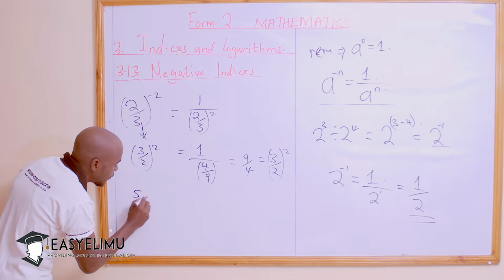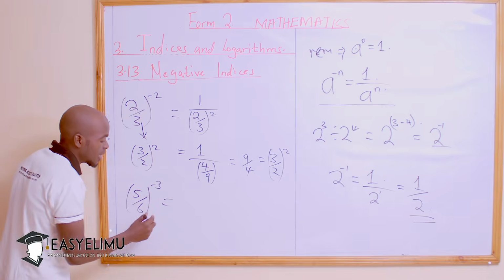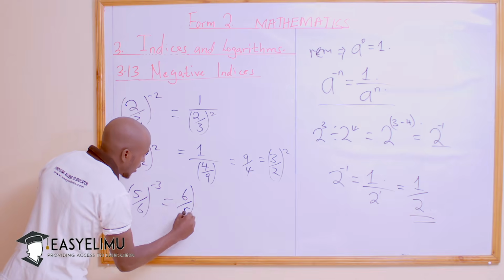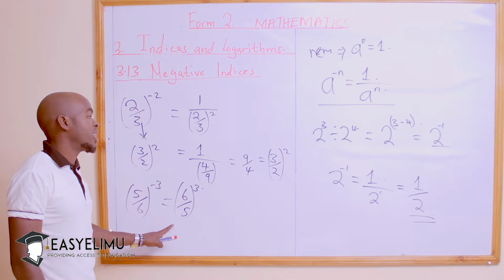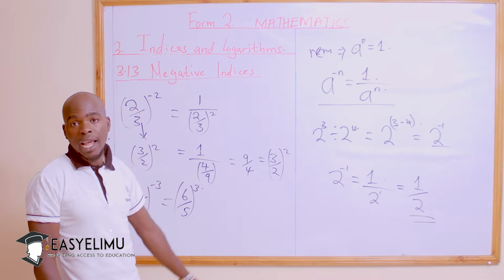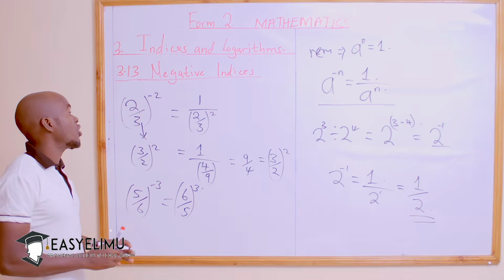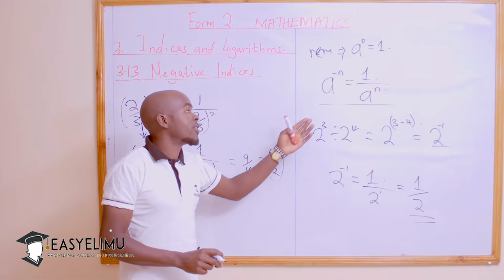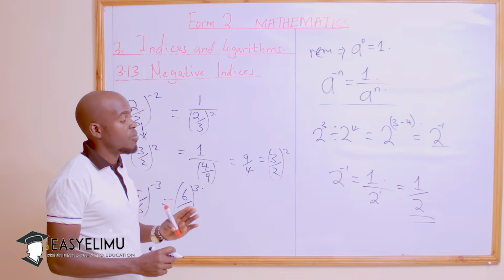And if I have 5 over 6 raised to negative 3, then I will just interchange to 6 over 5, then the power shall remain positive 3. That is the value which I will find. We have seen how it works out in case it is a fraction.